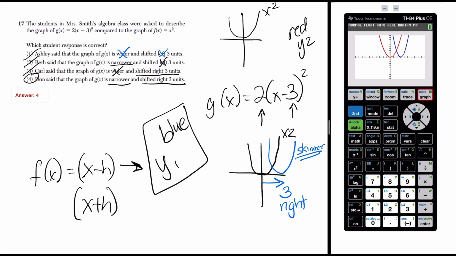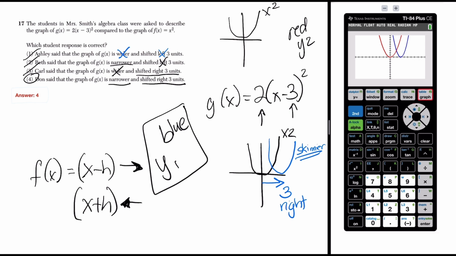If it's a minus h, it's shifting to the right h times, and if it's plus h, it's shifting to the left, and that's how many times. So if it's x minus 3, it went 3 to the right. If it's x plus 3, it goes 3 to the left. Okay, so we have that first one.